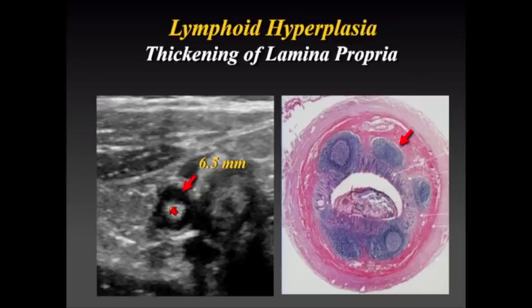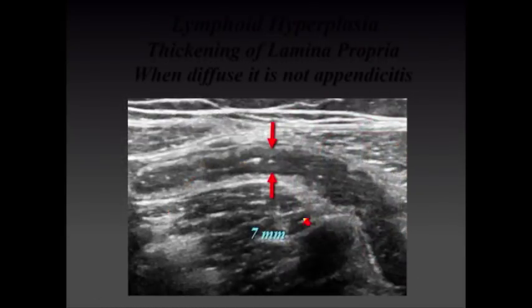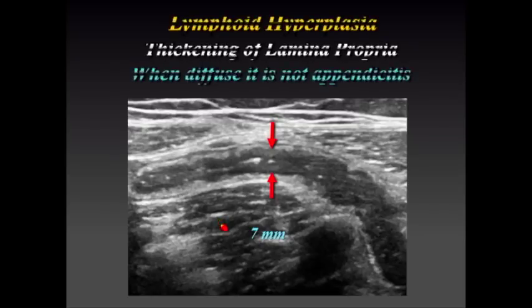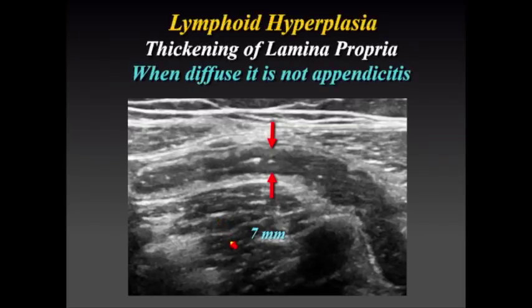Lymphoid hyperplasia may or may not be associated with acute appendicitis. So we sort of have to figure that out in just a moment. When it is generalized, just think of the appendix as a large lymph node. This child's had rotavirus, and the lamina propria T-cell lymphocytes are just turned on. And if it's generalized throughout the entire appendix, even though the appendix is thickened, don't diagnose acute appendicitis.